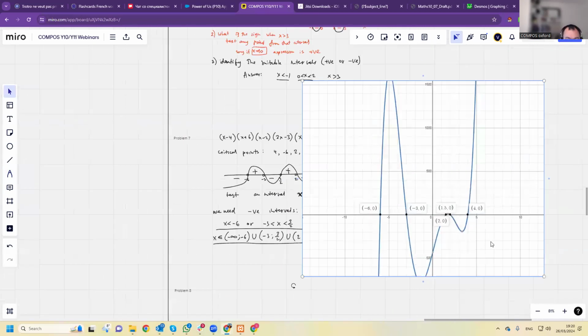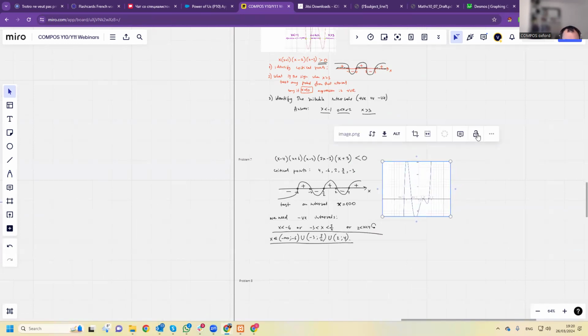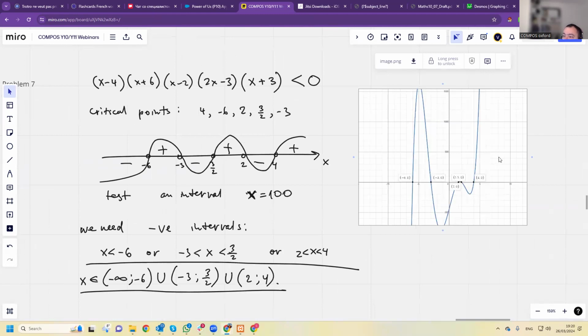Now, the graph is not very accurate, but it serves its purpose. The purpose is to find the positive and negative intervals.